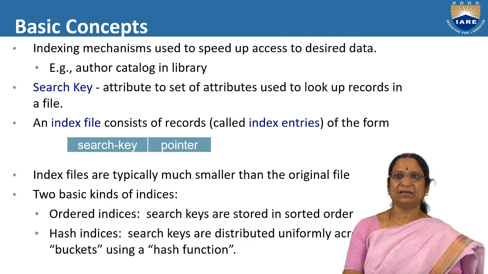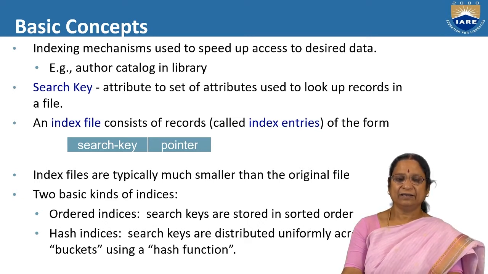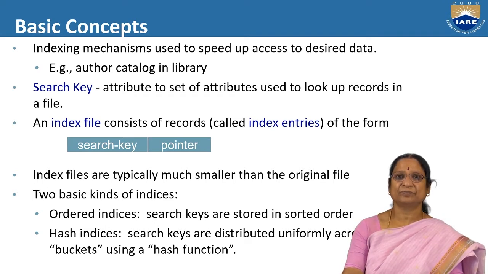Index files are typically much smaller than the original file, and two basic kinds of indices are ordered indices and hash indices, which were already discussed briefly in the previous session. In the case of ordered indices, the search keys are stored in sorted order, and hash indices means search keys are distributed uniformly across the buckets by using a special function known as hash function.